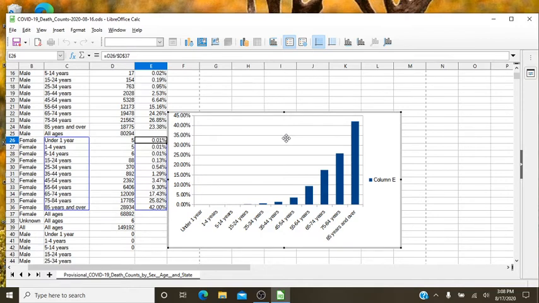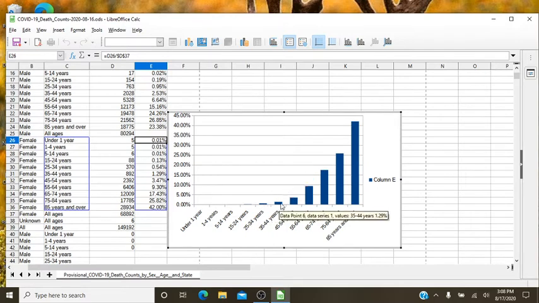The death rate for women over 85 is at 40%. It drops down to 25, 26% in the 75 to 85 bracket, and down to 17% at the 65 to 74 bracket, and so forth.